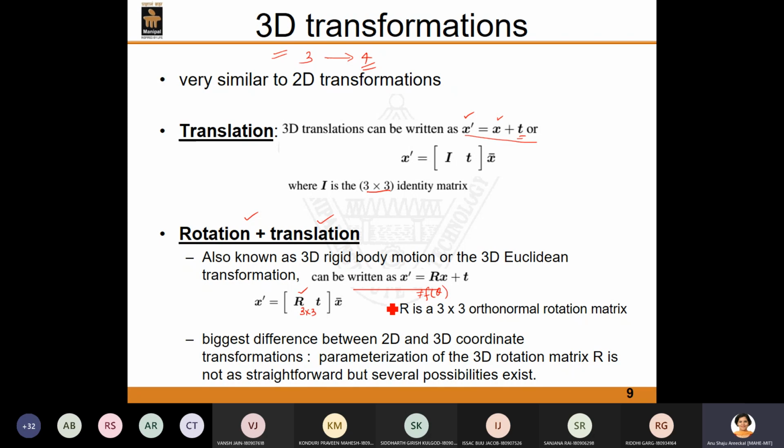So theta was the only unknown in the case of the 2D rotation matrix. But in the 3D rotation matrix, it is not a straightforward calculation, and there is no specific parameter such as theta which can be used to define the matrix. Having said that, the rotation matrix must be orthonormal. This basic property should be satisfied.